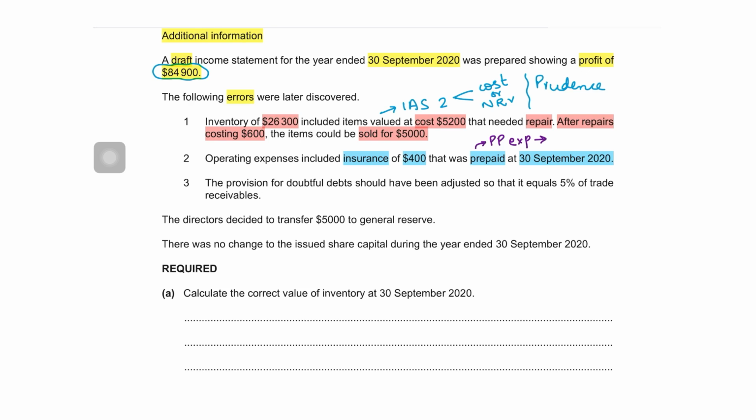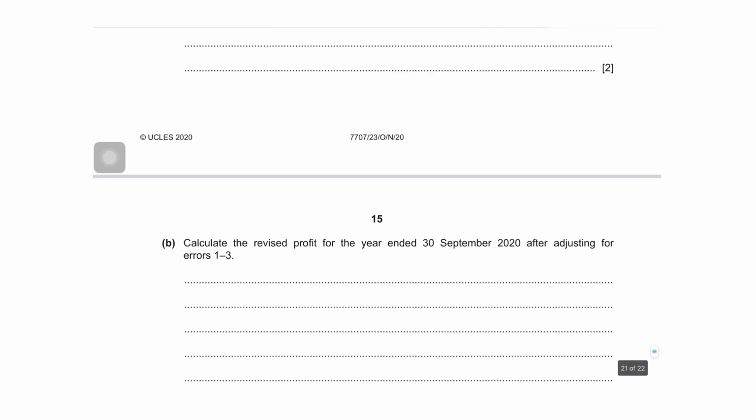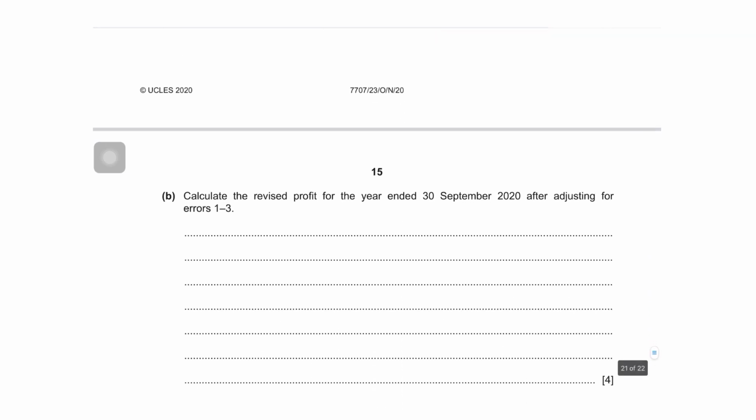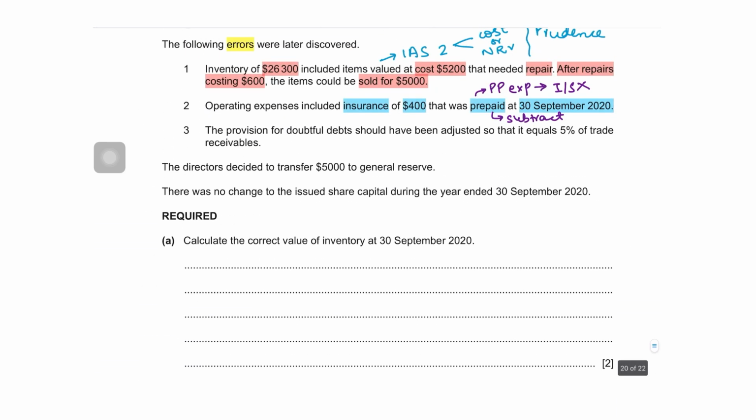So since it isn't incurred in the current year, it doesn't belong to the current year, it shouldn't become part of my current year's income statement, my current year's expenses. That is why it should be subtracted from the insurance expense, so that insurance isn't overstated and my profit isn't understated. And that we'll be doing in part B, in which we have to find out the revised profit after adjusting for errors 1 till 3, right?